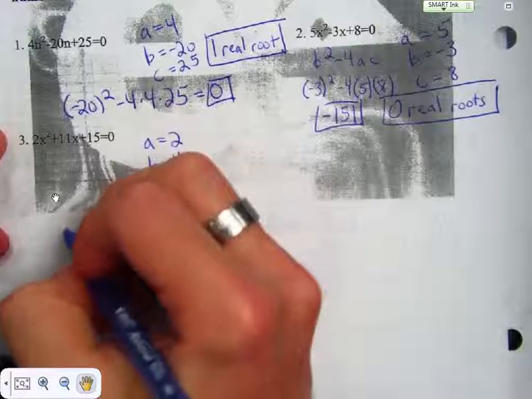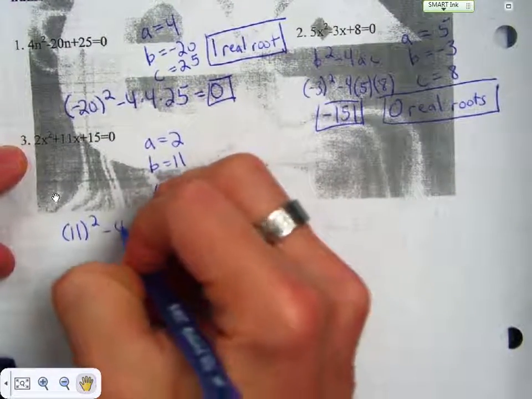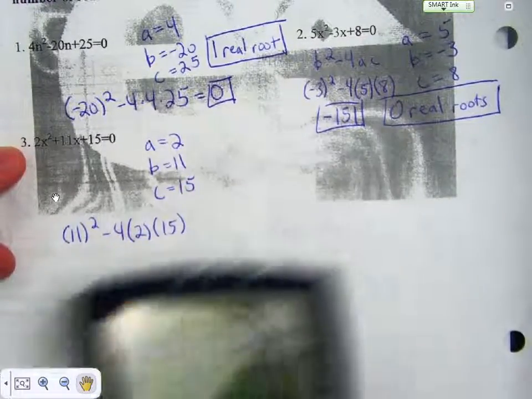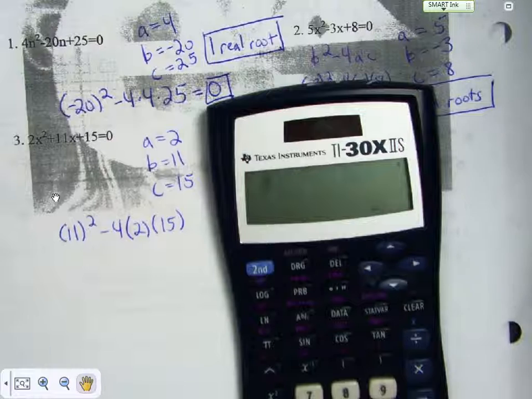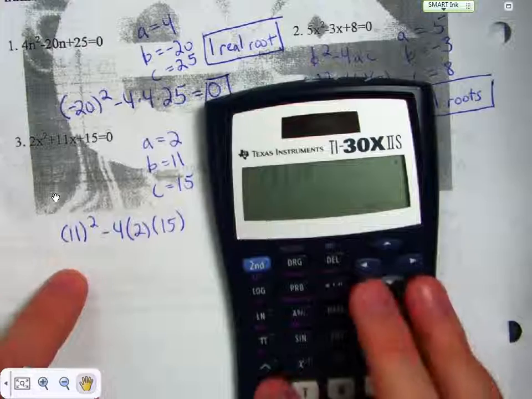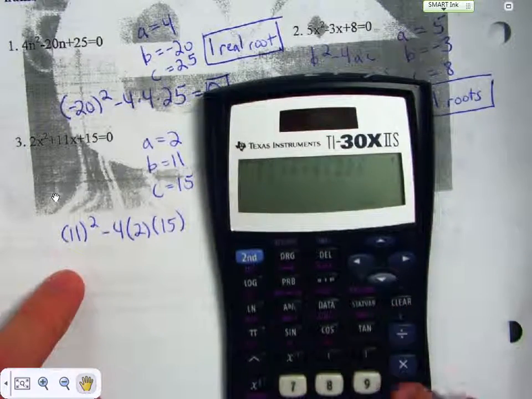B squared, 11 squared, minus 4 times 2 times 15 should be plugged in looking something like this. 11 squared minus 4 times 2 times 15.